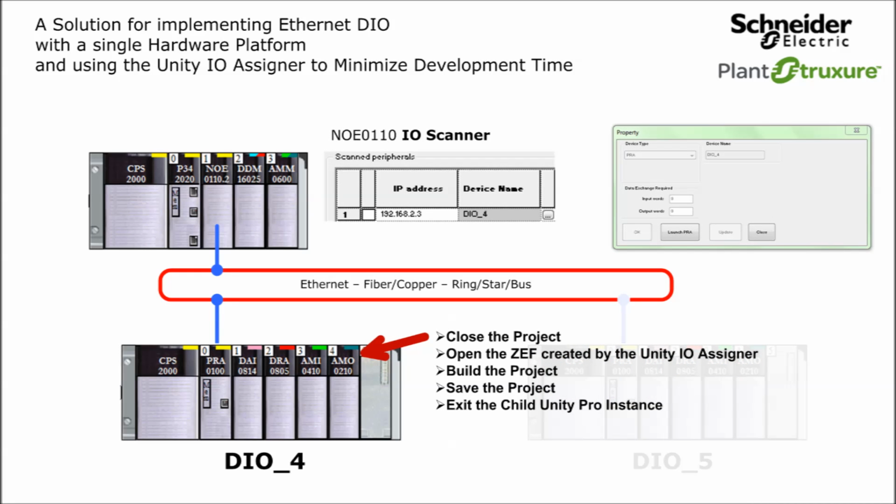So in the child Unity Pro instance for DIO4, I have closed the DIO4 project, opened the DIO4 ZEF file created by the Unity IO Assigner, built the project, saved the project, and exited the child Unity Pro instance.